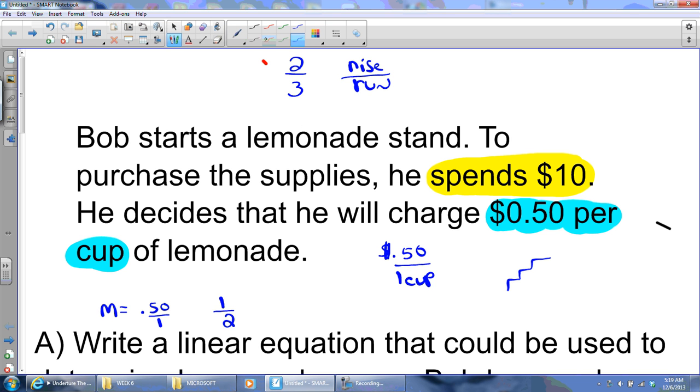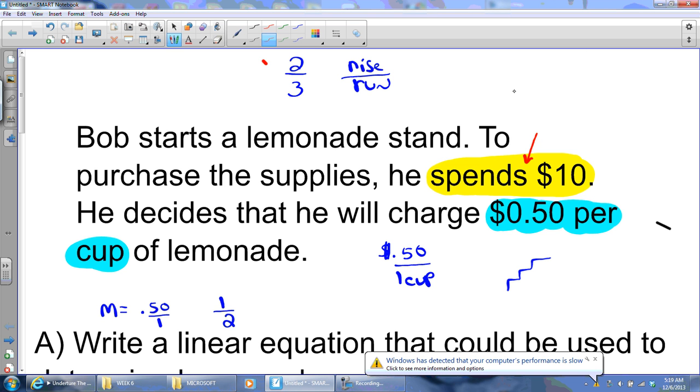Now, this $10. Answer this question for me. Before Bob has sold any lemonade, how much money has he made? If you're thinking $0, you're not thinking, because Bob spent $10 of his own money.